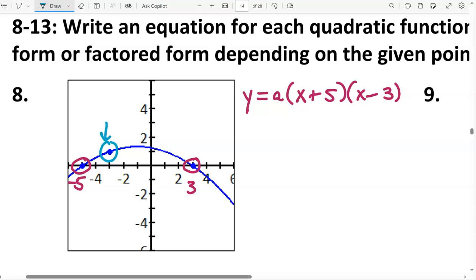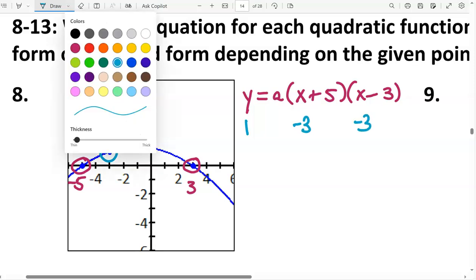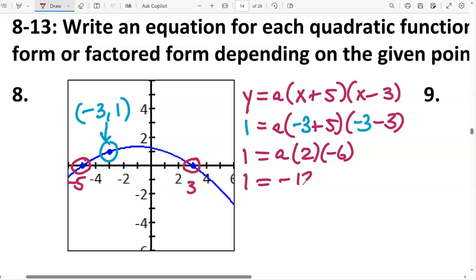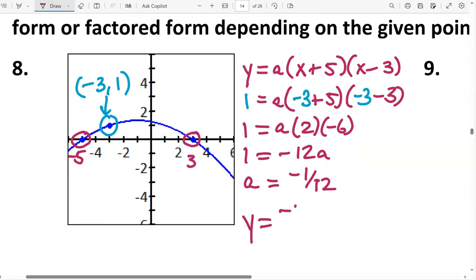The extra point has an x-coordinate of -3 and a y of 1, so I'm going to replace y with 1 and x with -3, and then use that resulting equation to find the value of a. So 1 is equal to a times 2 times -6, or 1 is equal to -12 times a, and that gives us an a value of -1/12. So the equation of this parabola is y equals -1/12 times (x plus 5) times (x minus 3).